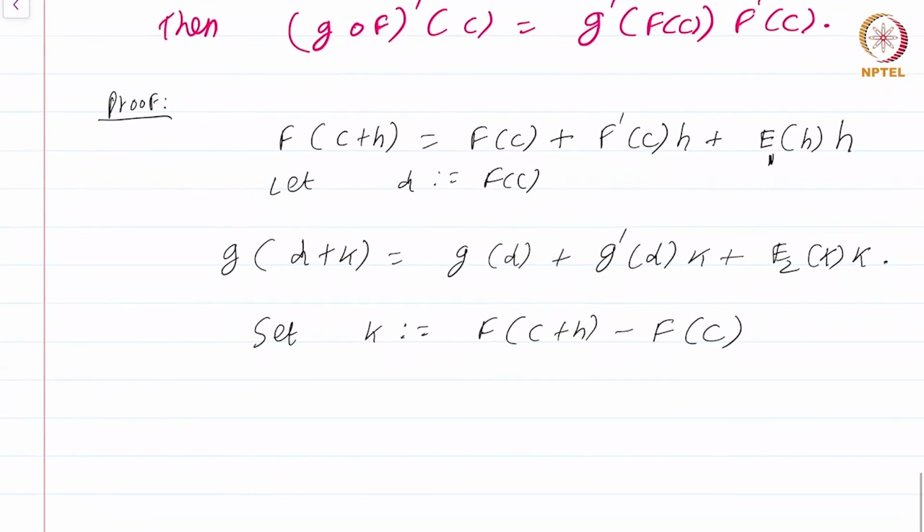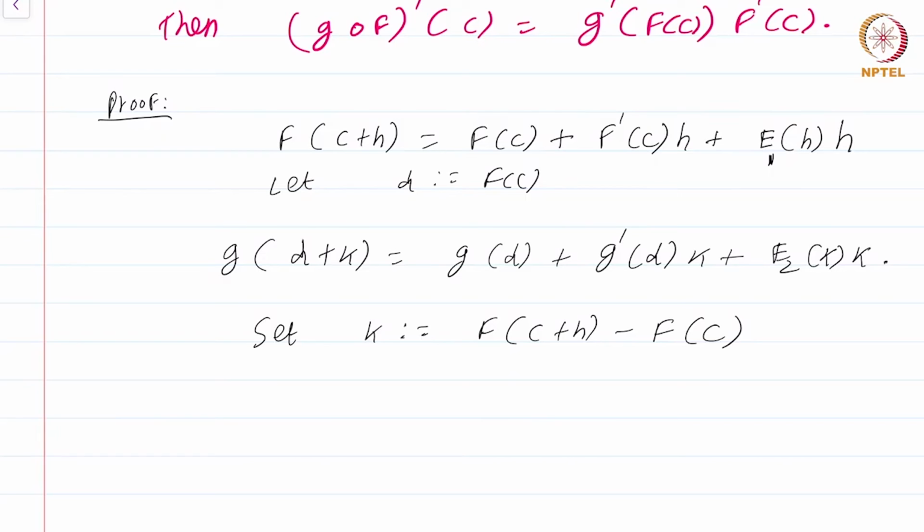Fine. Now there are several underlying trivialities that, as usual, I am pushing under the carpet for you to fetch. The thing is, this value k, f of c plus h minus f of c, should ensure that g of d plus k is defined.